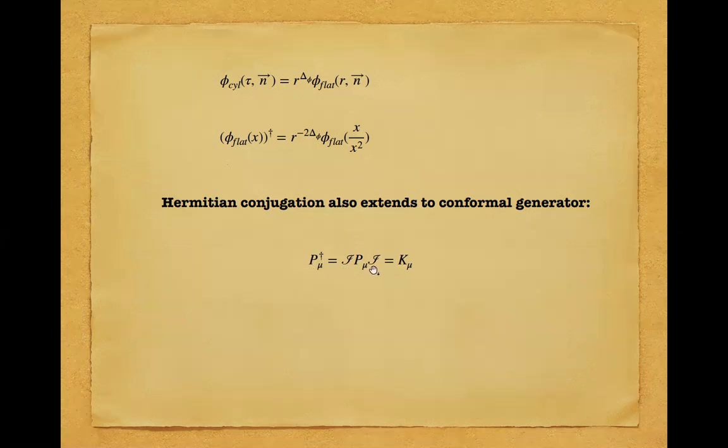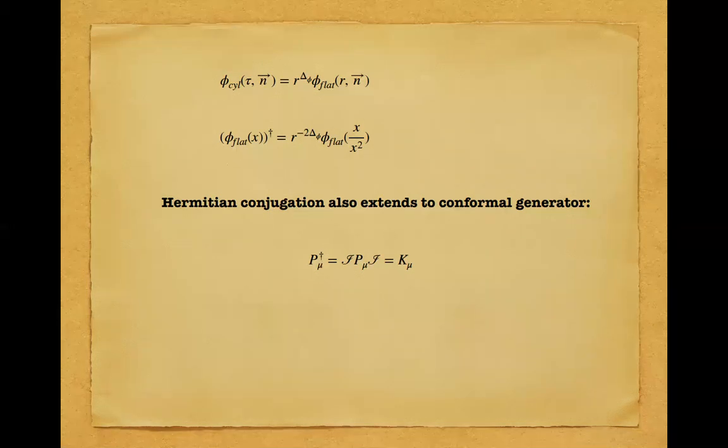And if you noticed yesterday, when Parthiv was explaining this, P mu is a translation which translates your origin. If you do a translation, your origin will shift somewhere, but your infinity will remain at infinity.